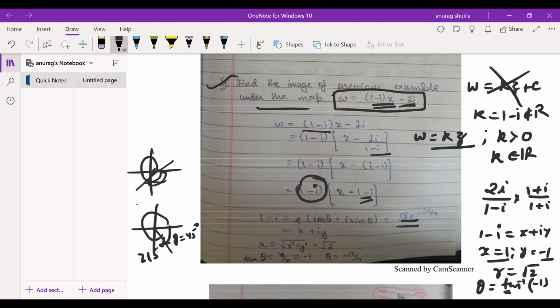So we will take minus 45 degrees, because the range of tan inverse is minus pi by 2 to pi by 2 only. So we can take theta only in this interval.